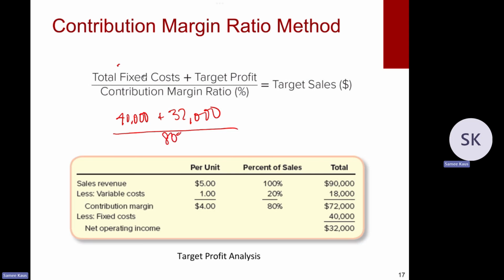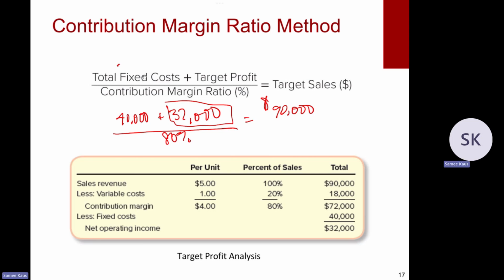It's still 80% because my sales price is still $5 and my variable cost is $1 per unit. So my contribution margin divided by my total sales is still 80%. Nothing has fundamentally changed. All I've done is say I want to generate more than just 0 in target profit that I do in break even. So I'll have total sales of $90,000 needed in order to generate 32,000 bucks in profit.